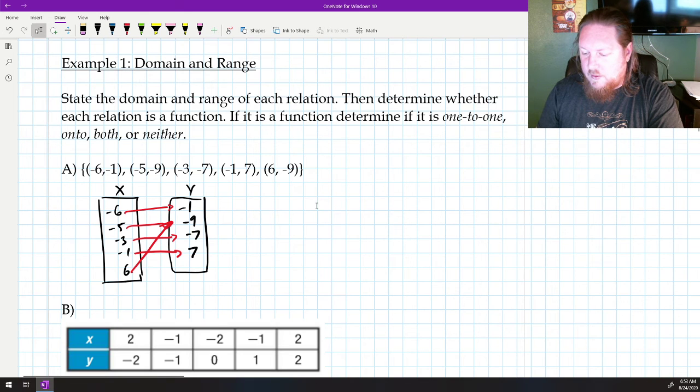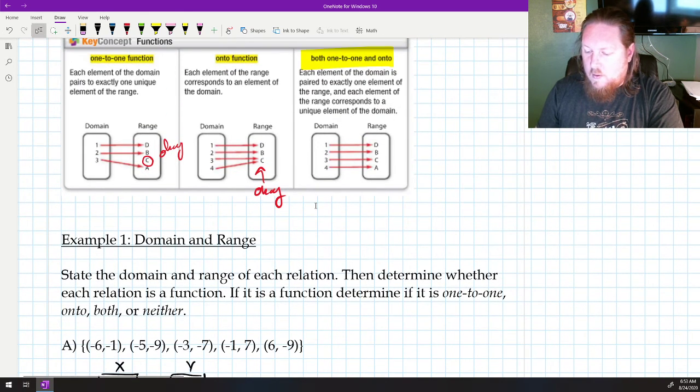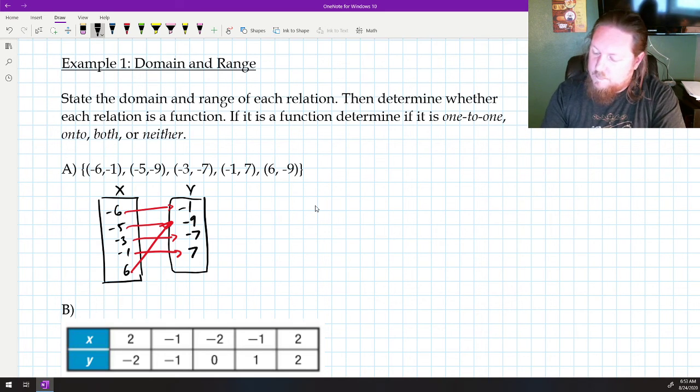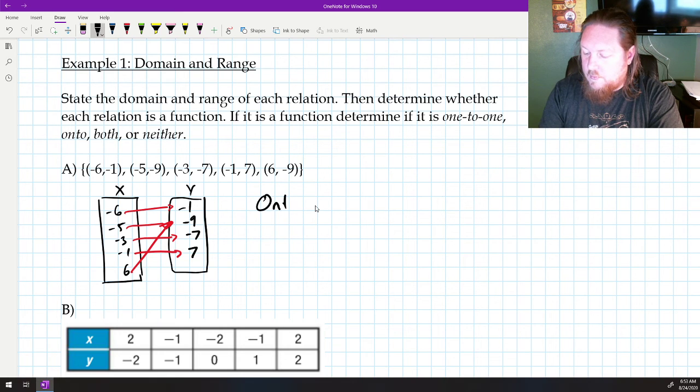So let's take a look here. Do each of the elements get their own output? No, unfortunately, 6 and -5 both have the same output, so it's not 1-to-1. Are all the elements in the range covered? Yes. So it is onto. So I could describe this as onto, but not 1-to-1.